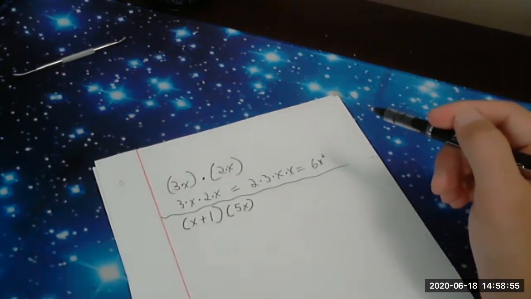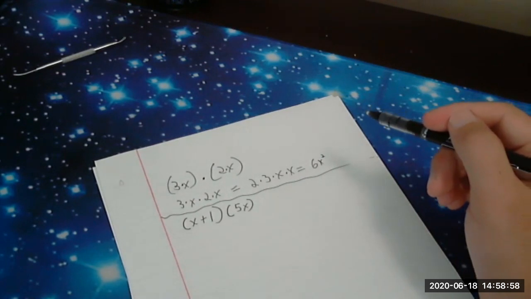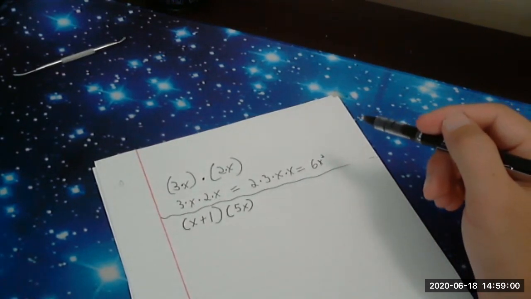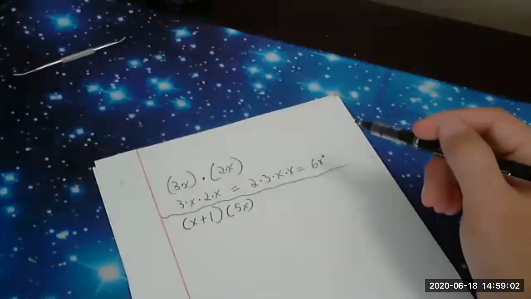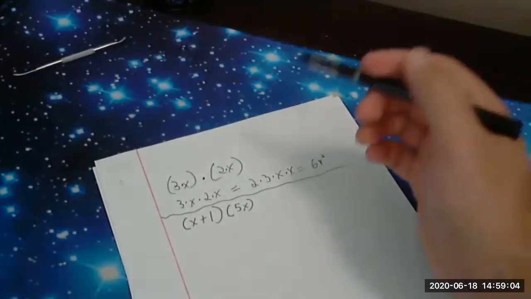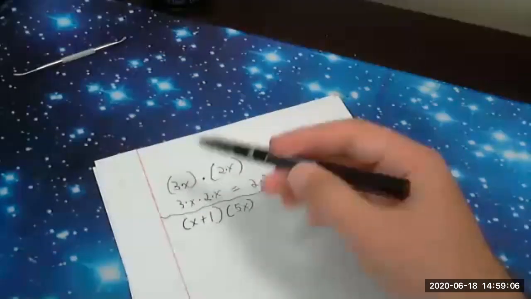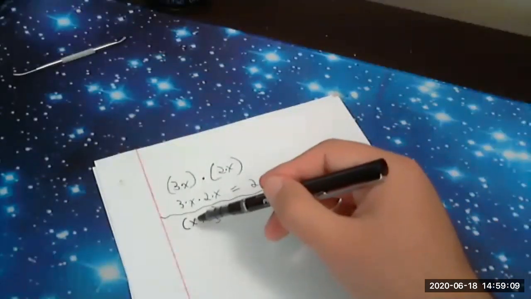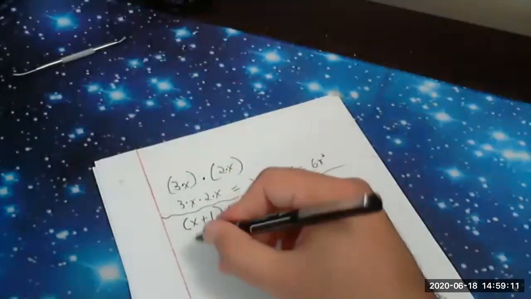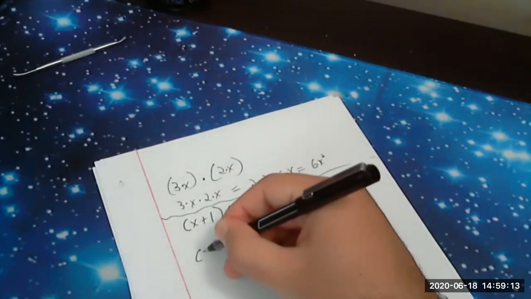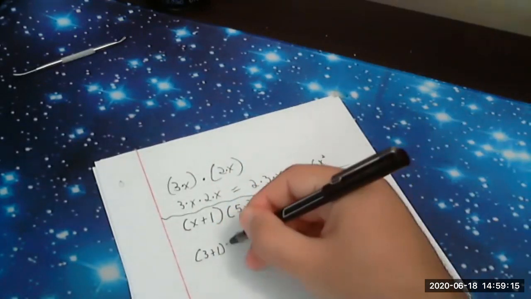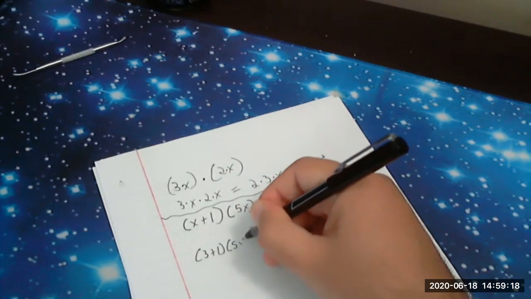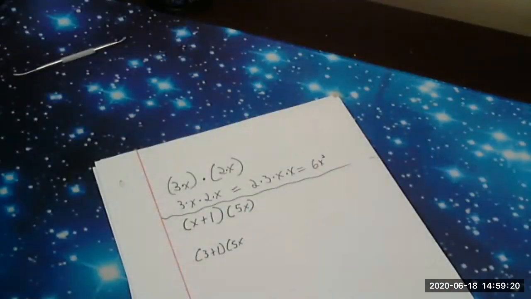So 5x squared plus 1. Not quite. So we have to look at what would happen if this was not a variable, but let's say a number. Let's say this was 3 plus 1 times 5x. What do we get there? 5x squared plus 5x.